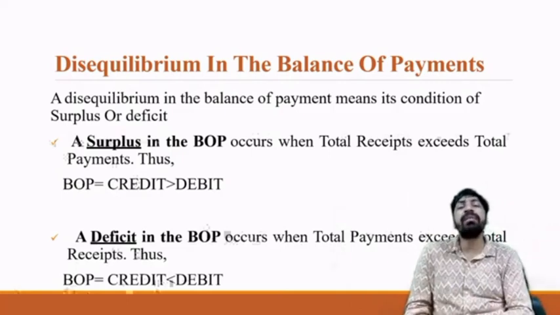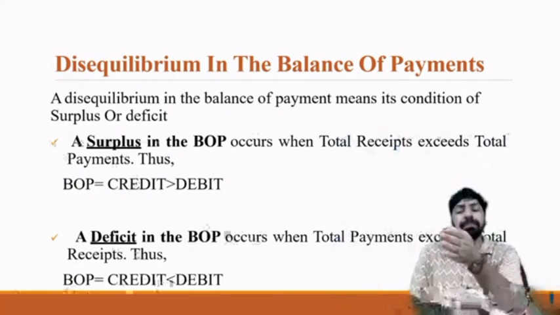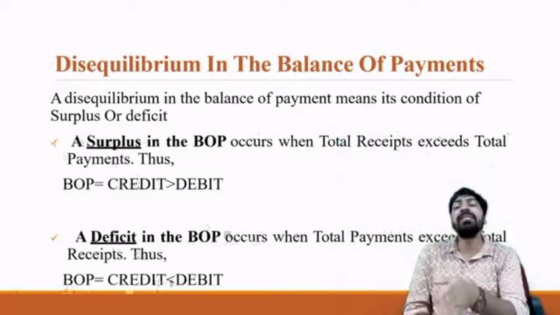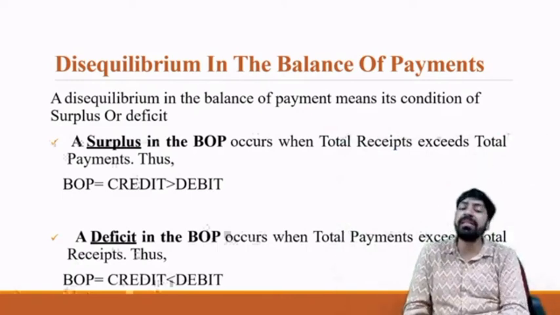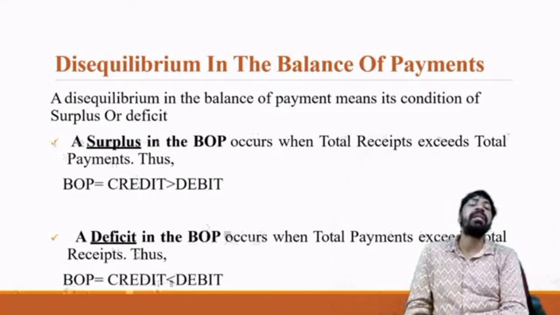When total payments, that means the debit side, are more than the credit side, or in other words the credit side is less than the debit side, it's called deficit.